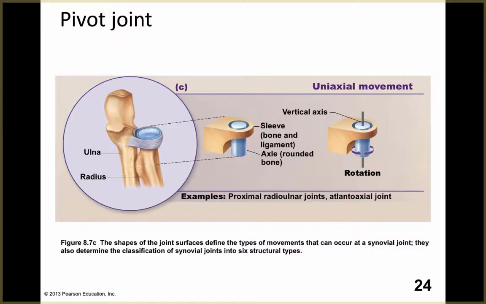So here we have our pivot joint. And here you're going to have a cylindrical surface of one bone that articulates with a ring of bone or ligament.